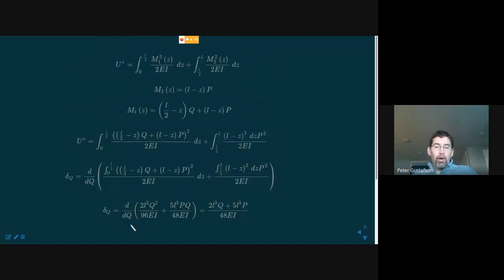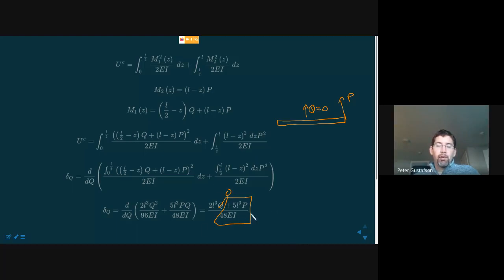Okay, I guess I don't really complete this in the strictest sense, this example. So now you ask me, okay, well, Dr. G, what is the actual deflection then? Well, in this scenario where I've put an imaginary load, so I have the actual load P and I have this imaginary load Q, we know that even though I've drawn it there, its magnitude is 0. So then I just apply this is equal to 0 here, and the actual displacement at that point ends up being 5L cubed P over 48EI.